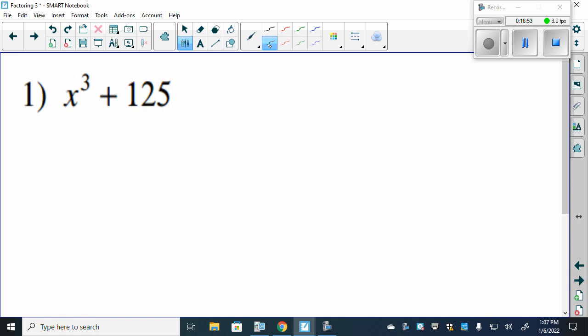Now, the first main step to these, the sum and difference of perfect cubes, is taking the cube root of the two terms. Because what this does is one of two things. The first is that it helps us see whether it is a sum or difference of perfect cubes.